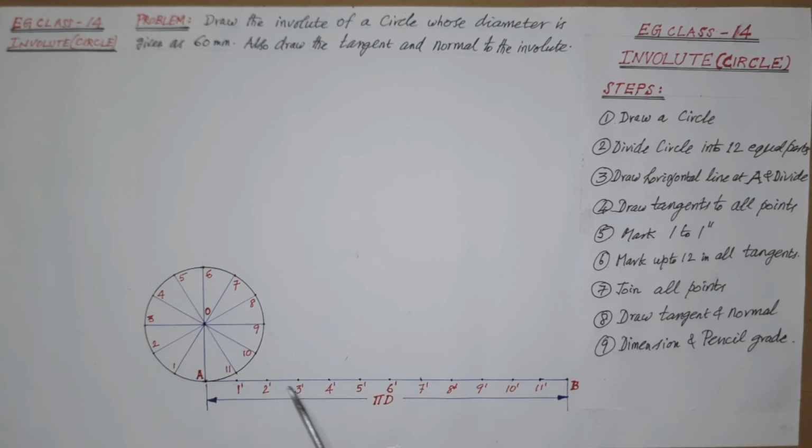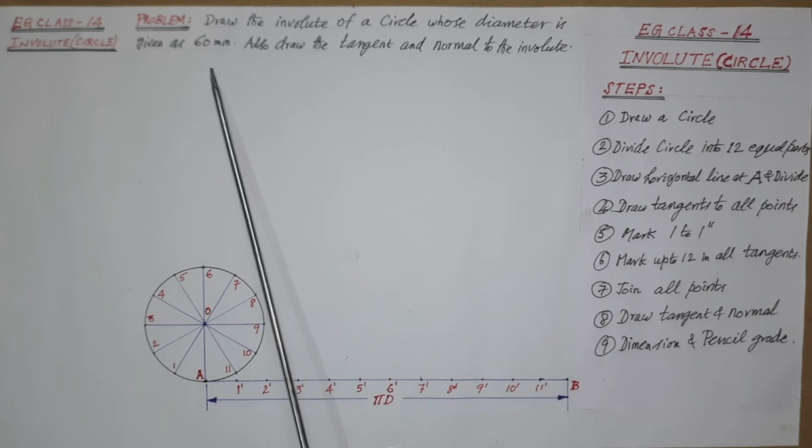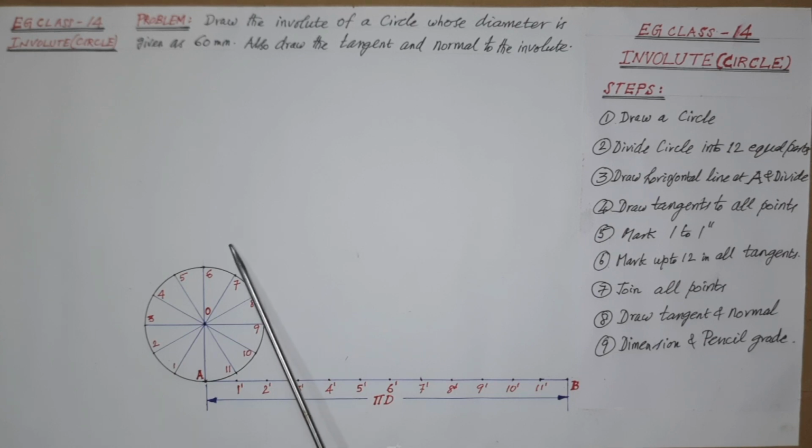The length of the line is pi d, and the diameter is given in the problem as 60 mm, and hence pi into 60 equals 188.5 mm, and name the other end of the horizontal as B.